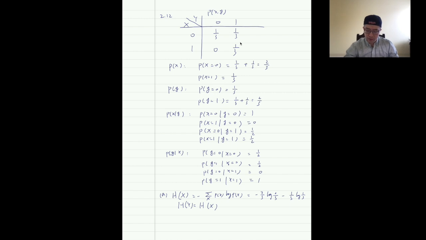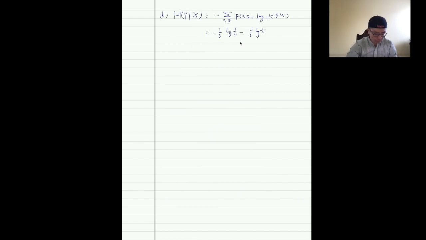Similarly, the second two terms are minus 1/3 log 1 minus 0 log 0, and this would be 0, this would be 0 as well. Therefore, that equals this. And you can double check that H(X given Y) would be the same as H(Y given X) as well.